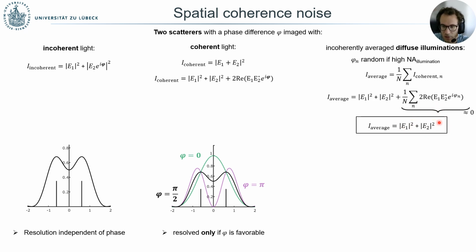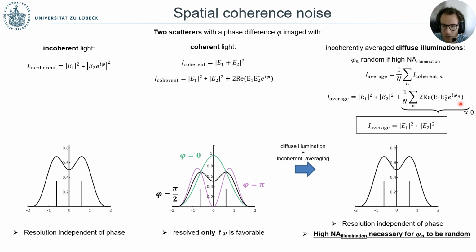And when we write down the interference between these 2 scatterers, we have the intensity terms plus the sum of complex phases, with a phase difference between them that depends on the illumination. And the thing is that if the diffuse illumination has sufficiently high NA to project different phases on adjacent pixels, then we can have a random phase, and then we can have this term converge to 0, and then also systematically resolve the scatterers, so we can obtain the same contrast as we do with incoherent light.